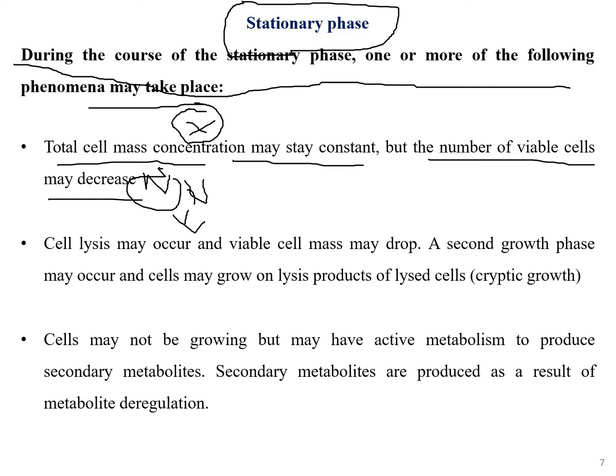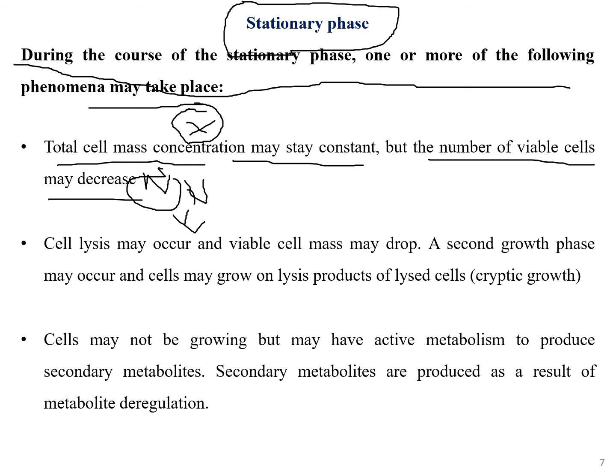This is the opposite of the lag phase, where the number of viable cells may remain constant or slightly increase, but the cell mass concentration increases a lot.